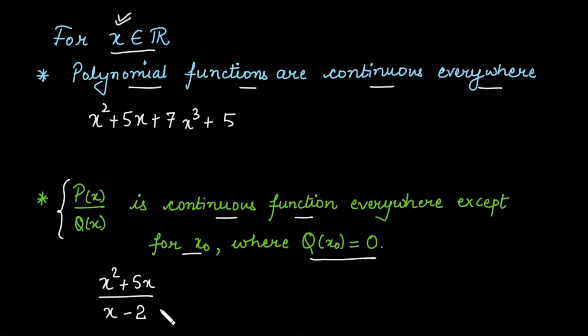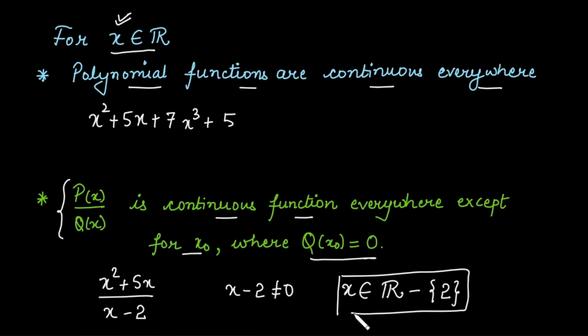This rational function is continuous whenever x minus 2 is not equal to 0, or we can say that for x equal to 2, this is a discontinuous function. So what is the range of x? x belongs to the set of real numbers minus 2.